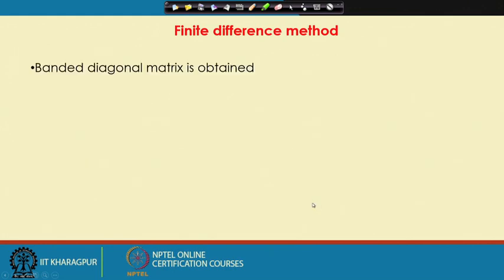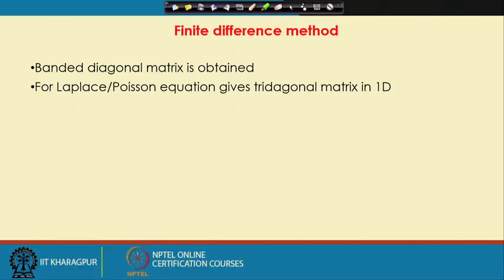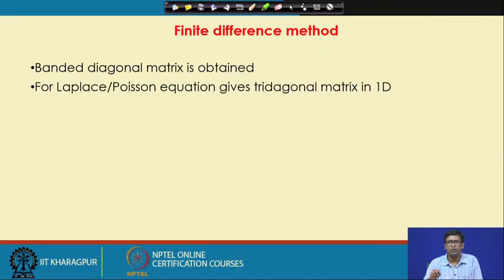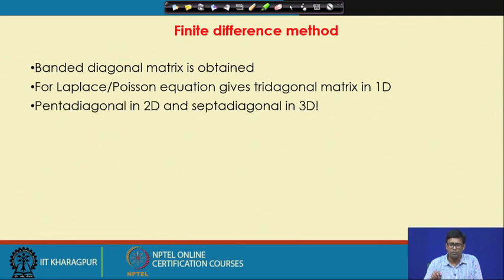Now, when we use the finite difference method, we have seen we get a banded diagonal matrix. For the Laplace or Poisson equation which we have shown here, we get a tridiagonal matrix if we are solving a one dimensional problem. For a two dimensional problem, it is a pentadiagonal matrix, so it is a matrix of 5 bands.